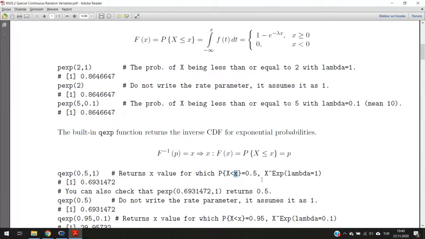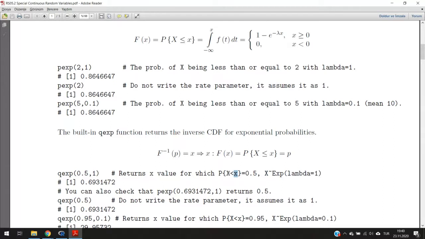So this is basically the quantile function. Quantile, we are going to learn about this. Quantile means the separator of the random variable into two regions. So we are basically trying to find the quantile for 0.5 probability, which means half of the values that this random variable can take will be less than this value, and the other half is going to be greater than this value.